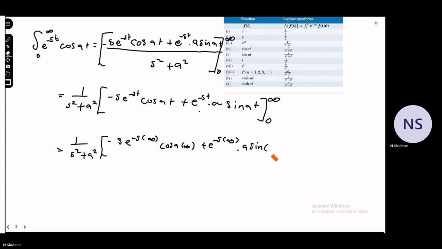Where there's t, substitute infinity. Subtract what?